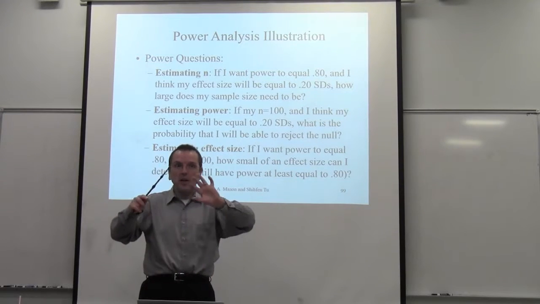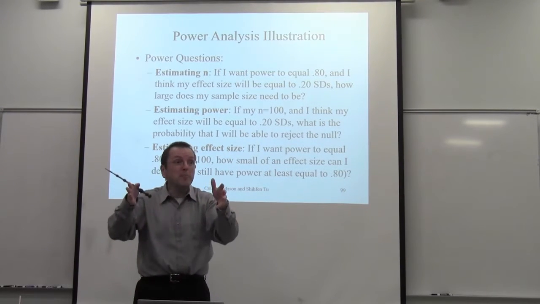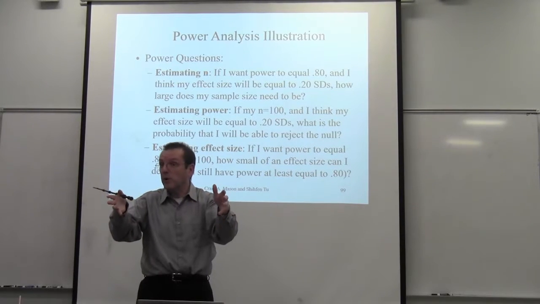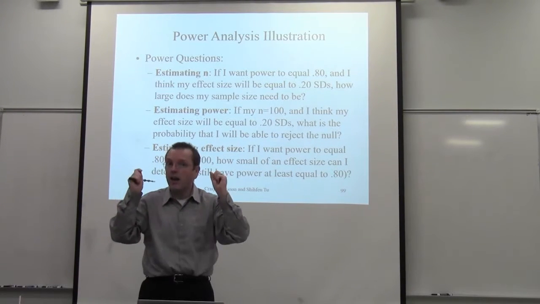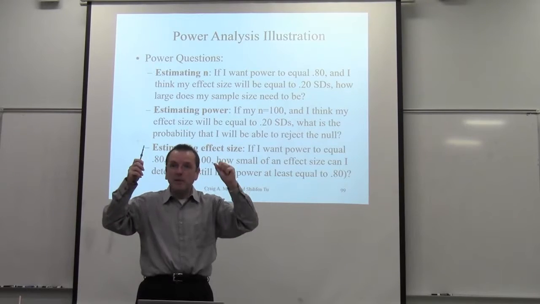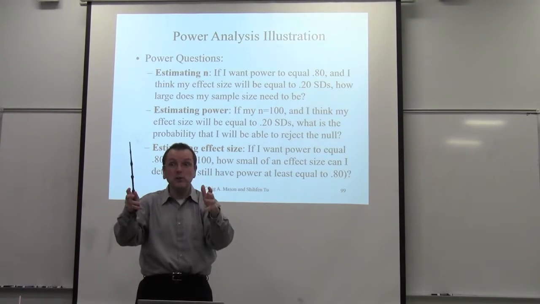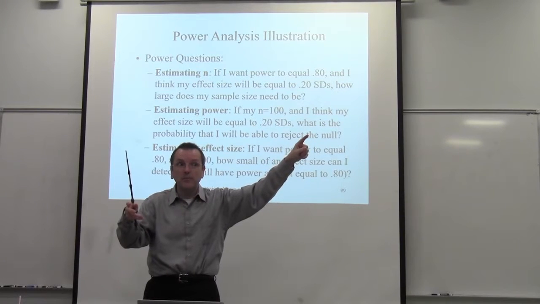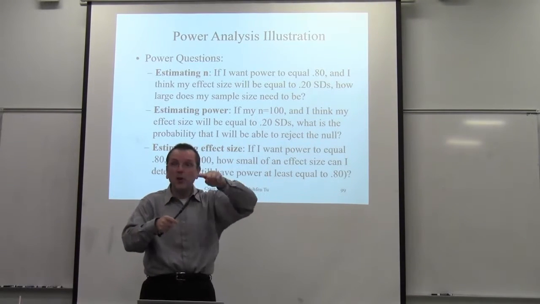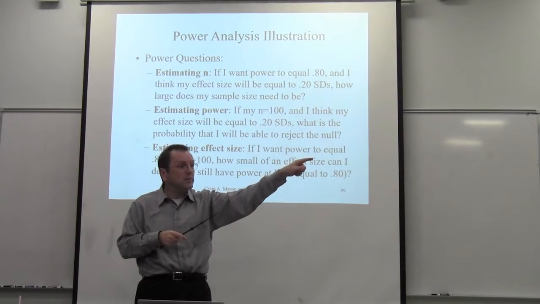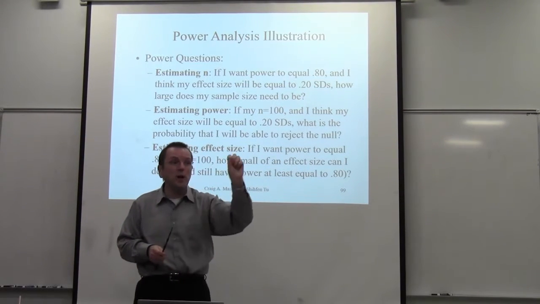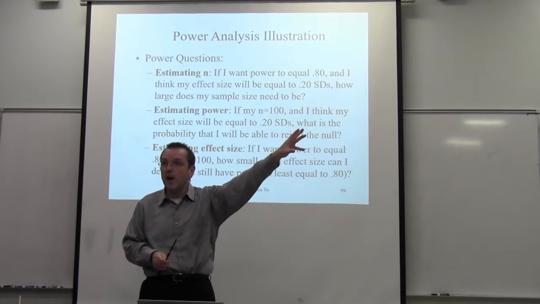And now I'm saying, if I have a sample of 100, this is a different way of approaching power analysis. If I have a sample of 100 and my effect size is 0.2 standard deviations, how big is my power? So now you know the other two and you're solving for power. That might be a case of, okay, I'm working in a school, in this setting, this is how big I can get.